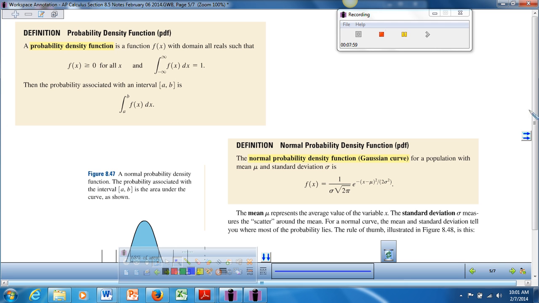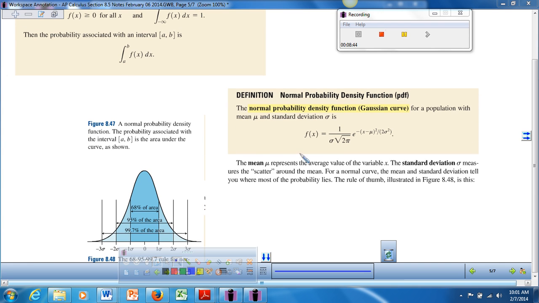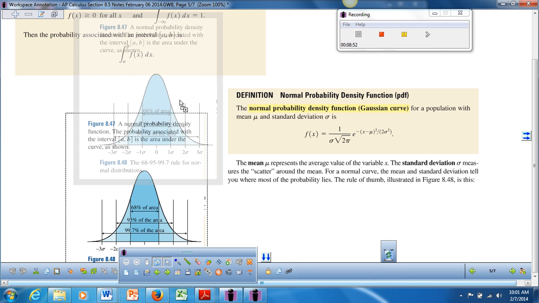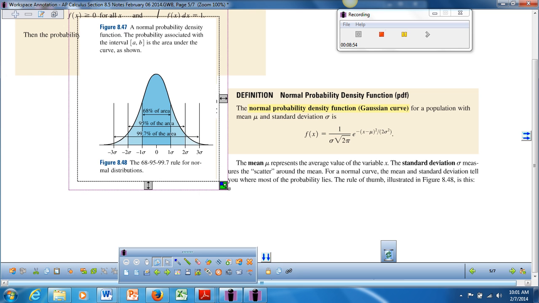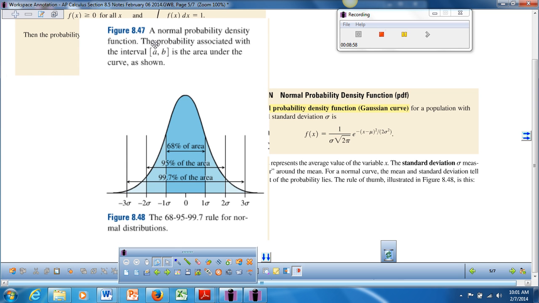A very common PDF is the normal probability density function. So let's review a little bit the idea of a normal distribution. This is an example of a normal probability density function.